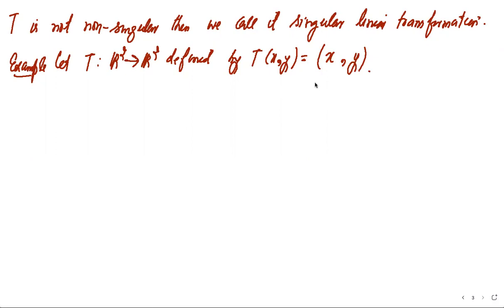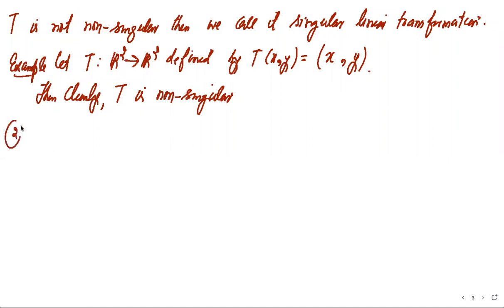Then this is an identity mapping, and so only the 0 vector will be mapped into a 0 vector. Then clearly T is non-singular, because this is just the identity mapping. Every vector is mapped into itself, so it is only the 0 vector that will be mapped into a 0 vector. So therefore this is a non-singular linear transformation.